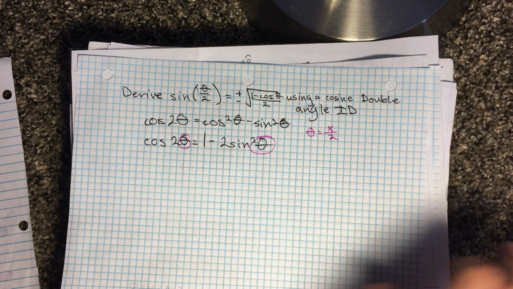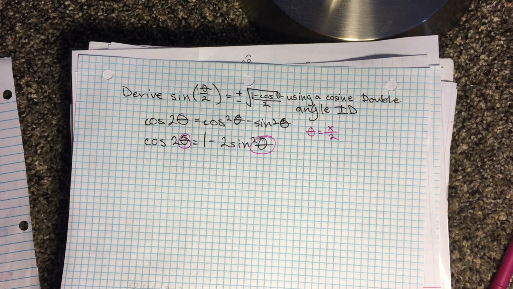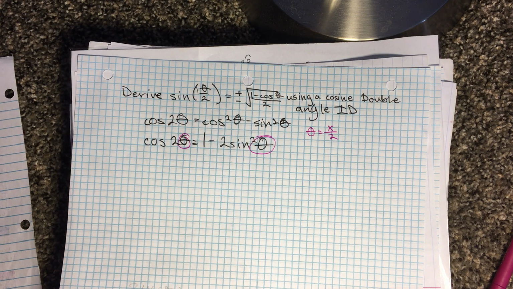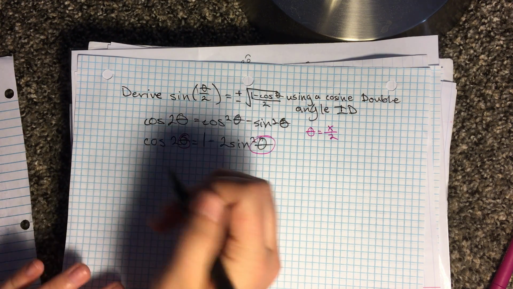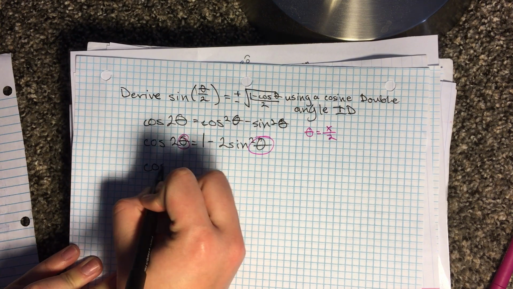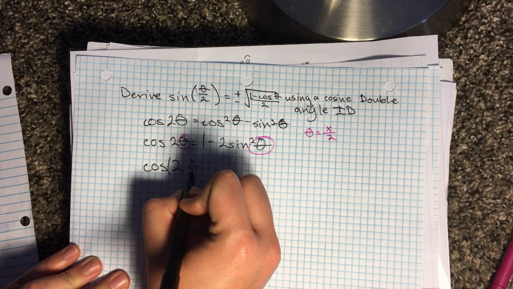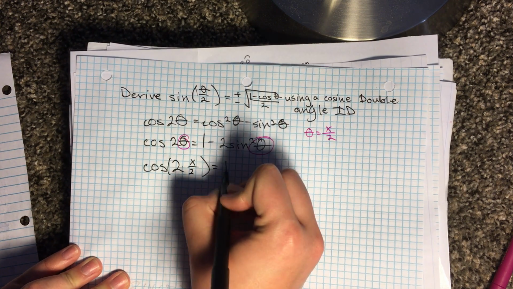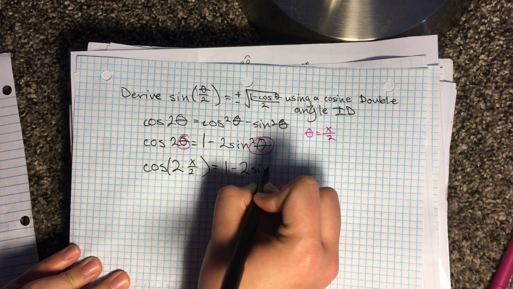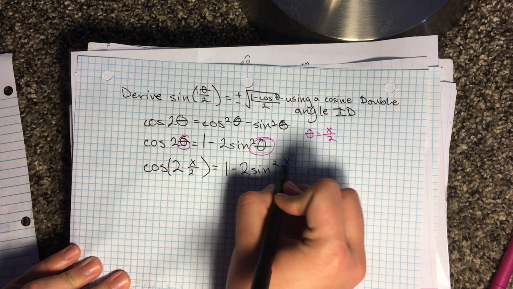That will help me get the idea that we are taking an angle over 2 for everything, and it will make things a little easier. So cosine 2 times x over 2 equals 1 minus 2 sine squared x over 2.